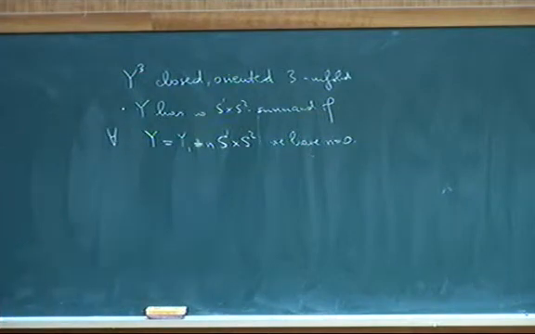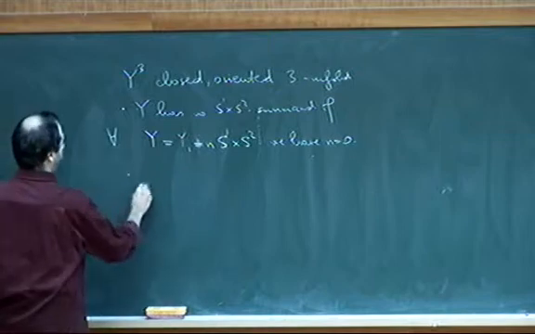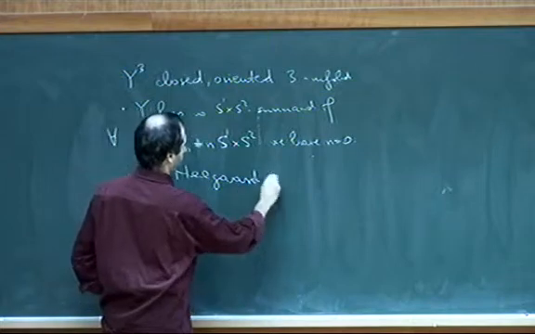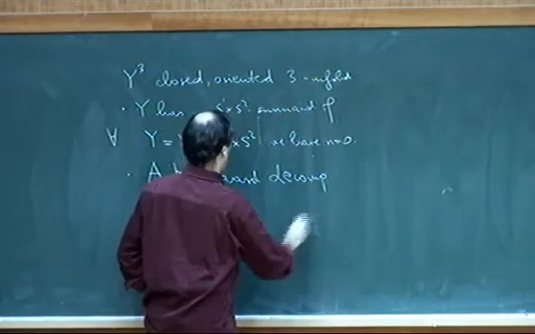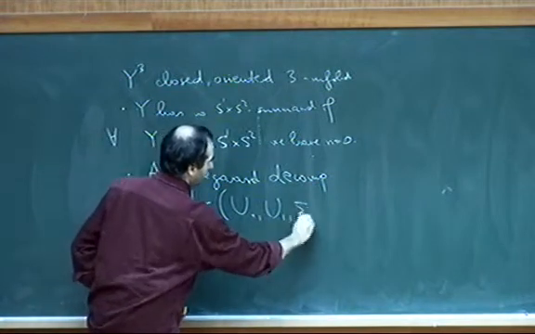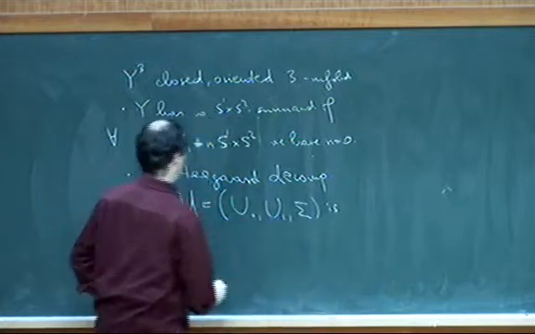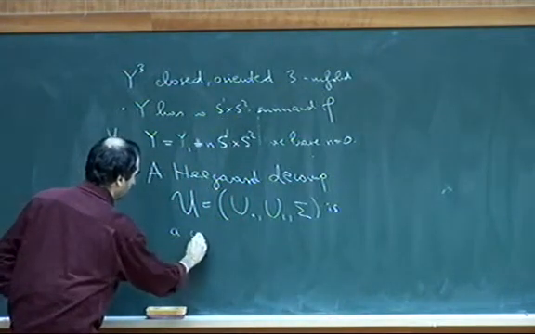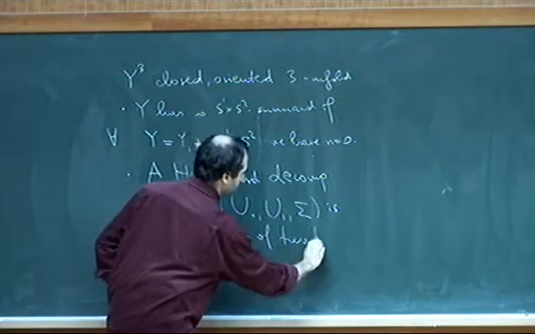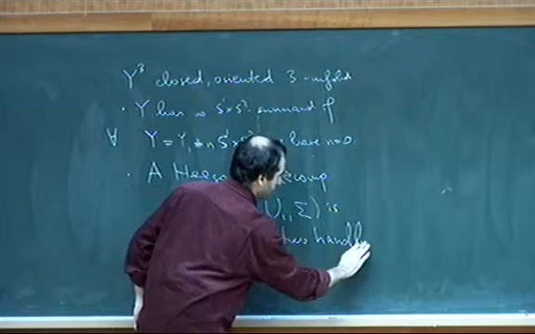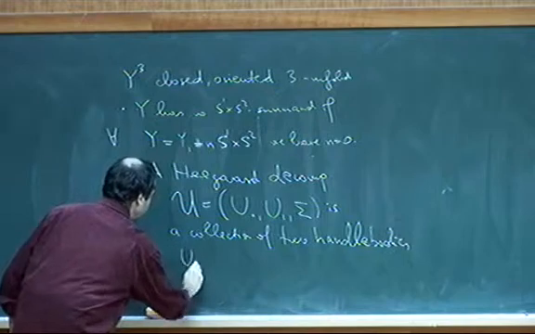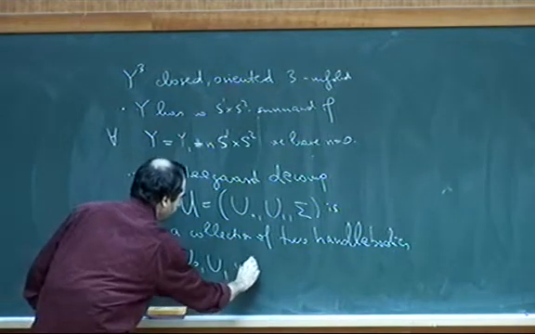So a Heegaard decomposition is a collection of two handle bodies, U0 and U1, with boundary.